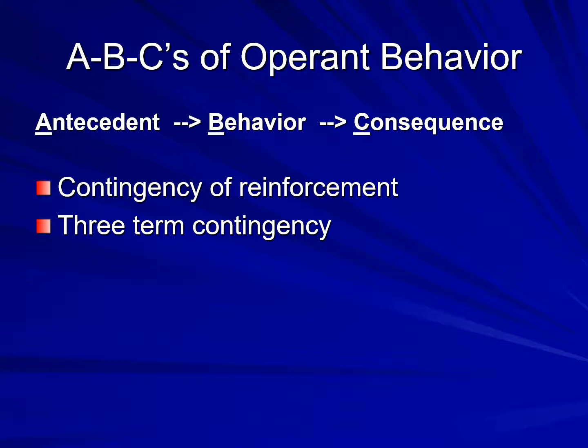There's another type of antecedent stimulus, and that is the motivating operation. It serves a different function or purpose than the discriminative stimuli. The SD signals if a behavior is going to result in reinforcement. The motivating operation affects the value of a reinforcer. So it has a different function in the four-term contingency.